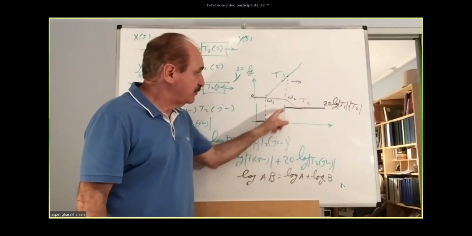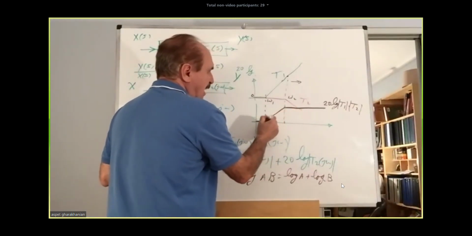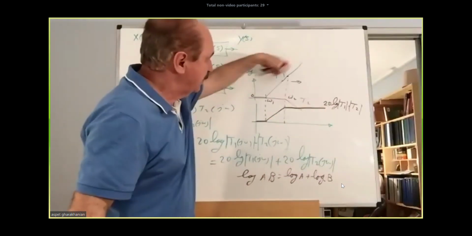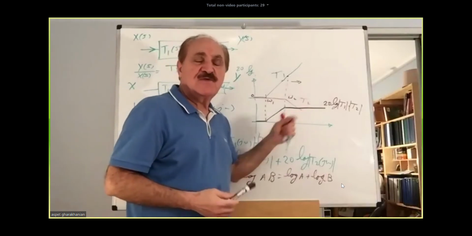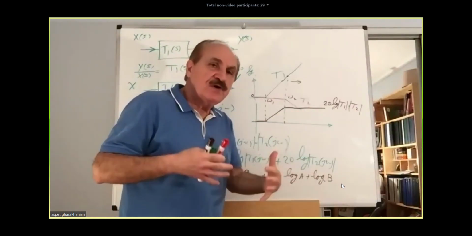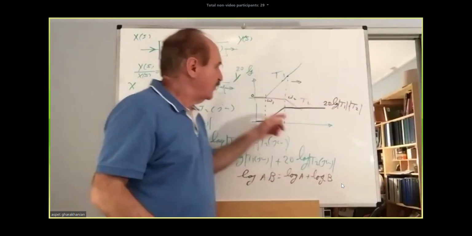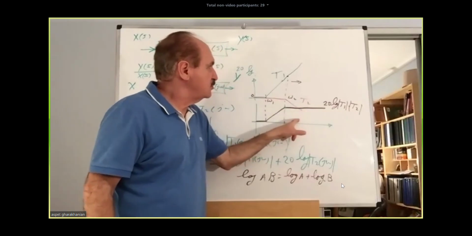So the outcome in here, let me show you the brown curve here. This is the outcome. The brown is the outcome of the green and the red. The brown curve is therefore the logarithmic plot of the product of two. Here I wrote it, 20 log of T1, T2.